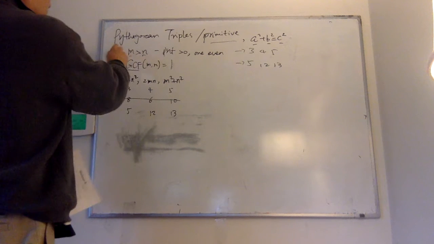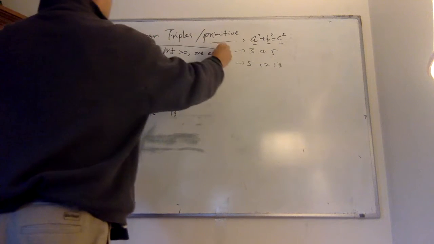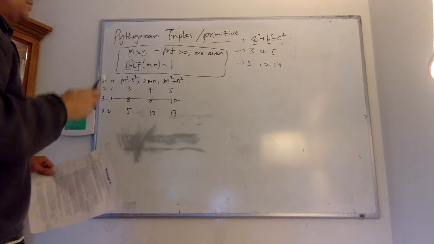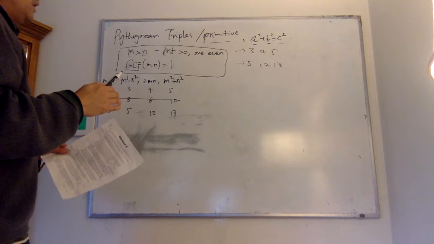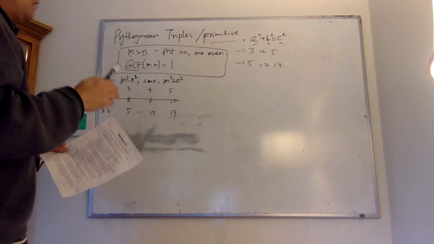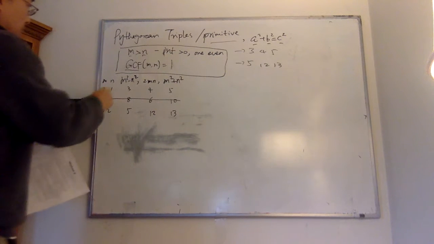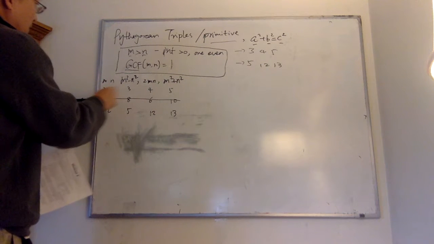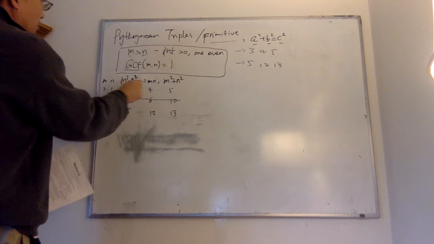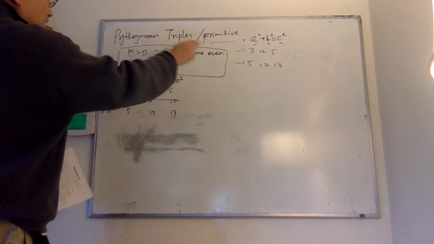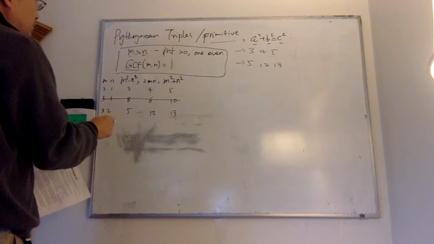By systematically running through the numbers m and n, you can generate the primitive Pythagorean triples: m squared minus n squared, 2mn, and m squared plus n squared.